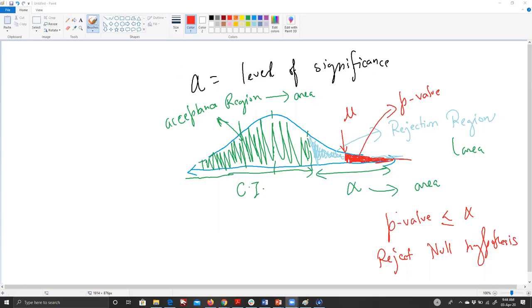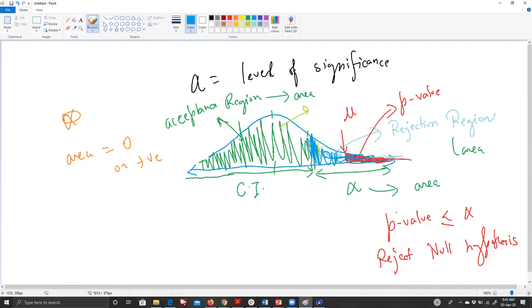If it's an area problem, area can be either 0 or positive, right? Area cannot be negative. Understood? So what we are getting at is that if this is the acceptance area, and this was the rejection area, sorry, this alpha part, then to be in the acceptance area, you have to be greater than alpha, not lesser than alpha.